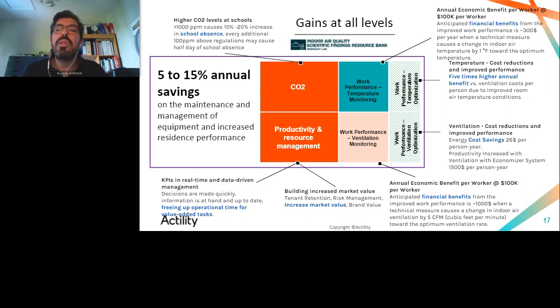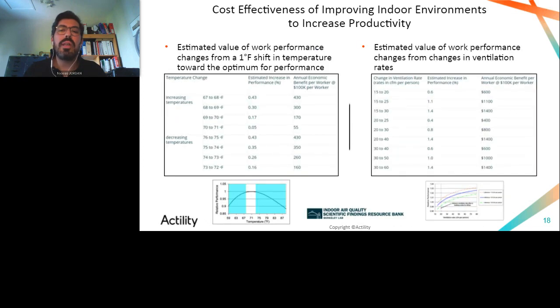Based on the study, you will see that there are financial benefits of roughly $3,000 per year per Fahrenheit that has been changed in the system. So, for example, on the next graphic you can see, for workers earning $100,000 per year, the benefits regarding the temperature differences.